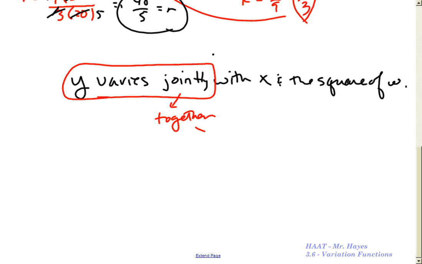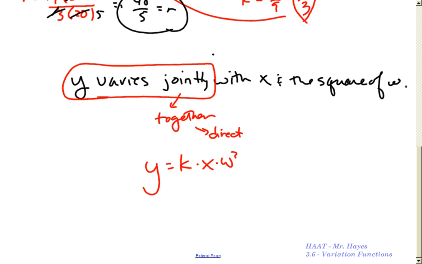And we're going to do this directly. So that means that the setup would be Y equals K, and then you'd have X, and you'd also have W squared out here. So if you see the phrase jointly, that means that the multiple variables that they're talking about are all going to be multiplied together.